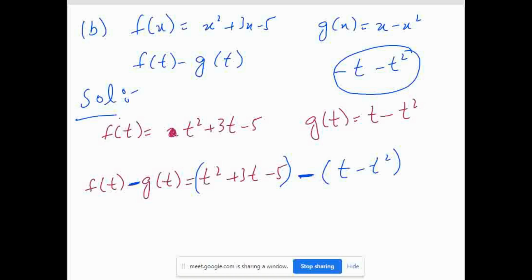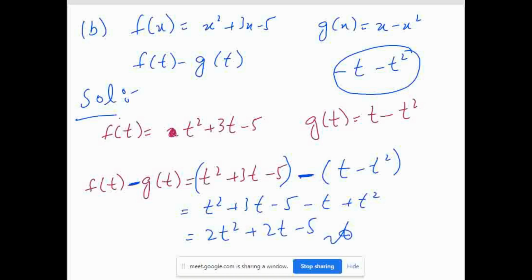Okay, so now if we simplify it, this will be 3t minus 5 minus t plus t squared. I hope that you have got this concept. So this will be 2t squared plus 2t minus 5. So this should be the final answer.